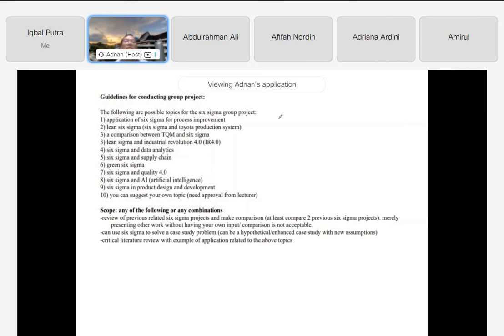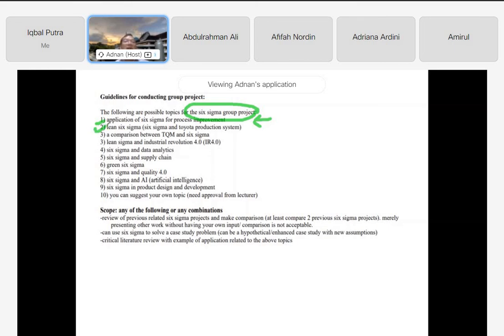We would like you to focus on Six Sigma, because Six Sigma basically combines many topics that you are learning in this course. You can have a topic, for example, application of Six Sigma for process improvement. You can give examples of case studies that others have done, how they use Six Sigma, how they solve Six Sigma problems using the tools and techniques you learn in this class.